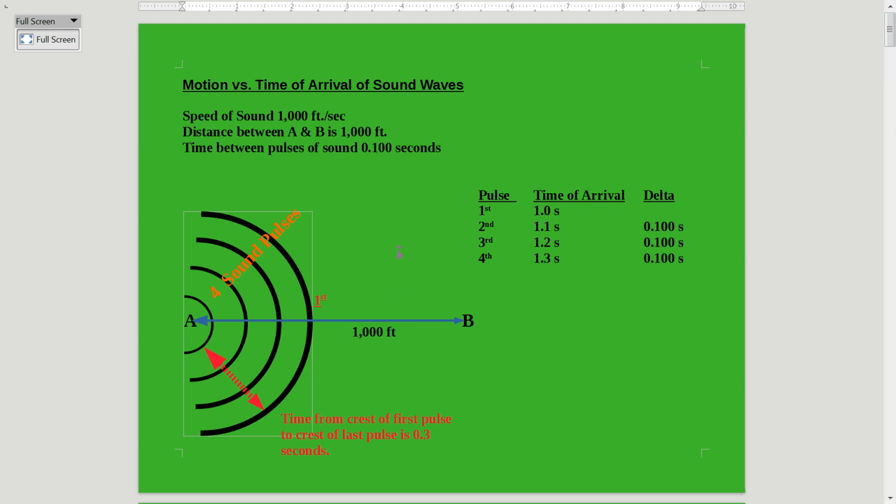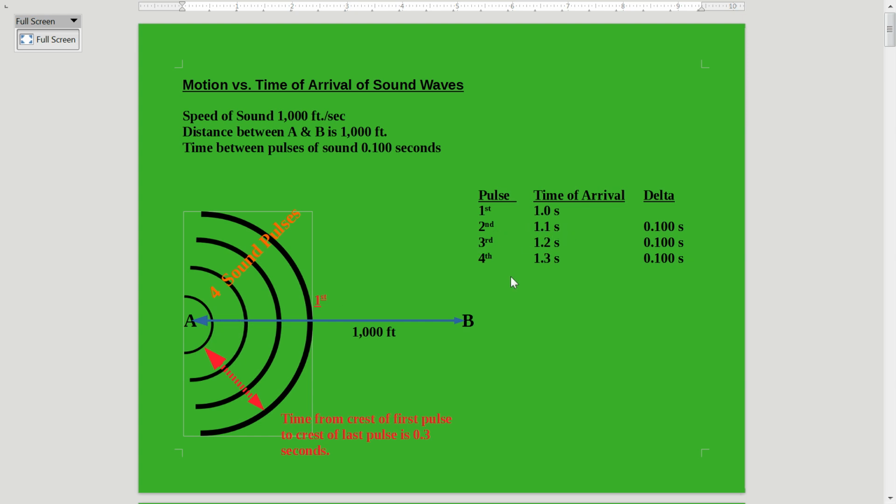If we tabulate when the waves arrive at point B and are recorded, we can see that for the sound traveling at 1,000 feet per second to cover 1,000 feet, it will take 1 second. The same wave here, when it was back at point A, will cover the same 1 second plus the time it was emitted, which is 1/10 of a second later.